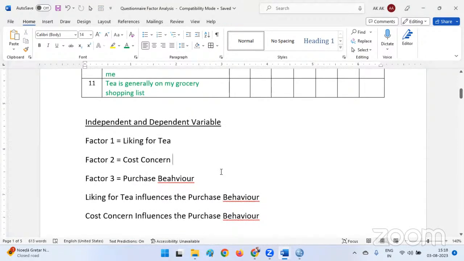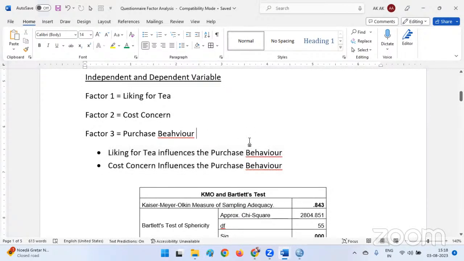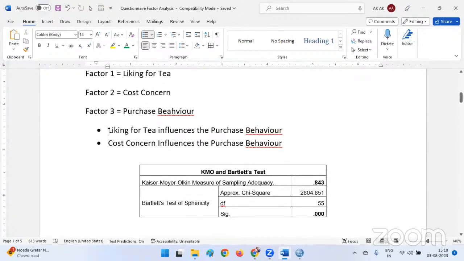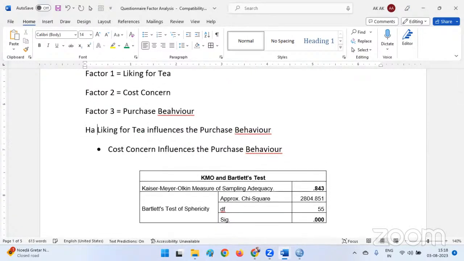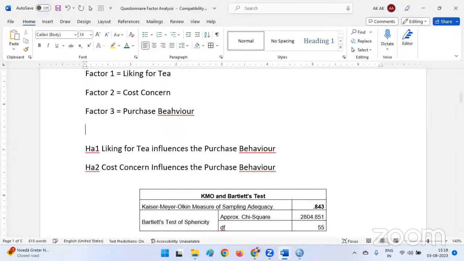Which statistical tool can I apply on these two hypotheses? These are alternate hypotheses, HA1 and HA2. These are the hypotheses that matter.